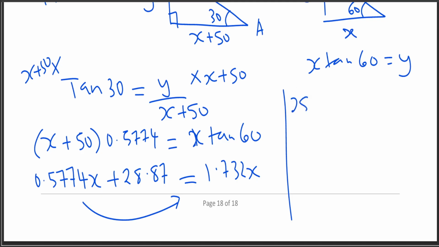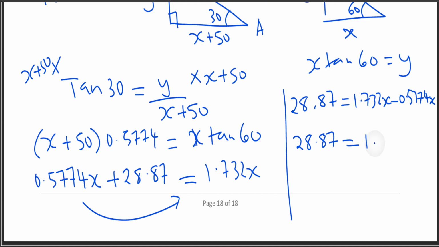So 28.87 is equal to 1.732x minus 0.5774x. So 28.87 is equal to, subtract the two, that gives you 1.1547x.